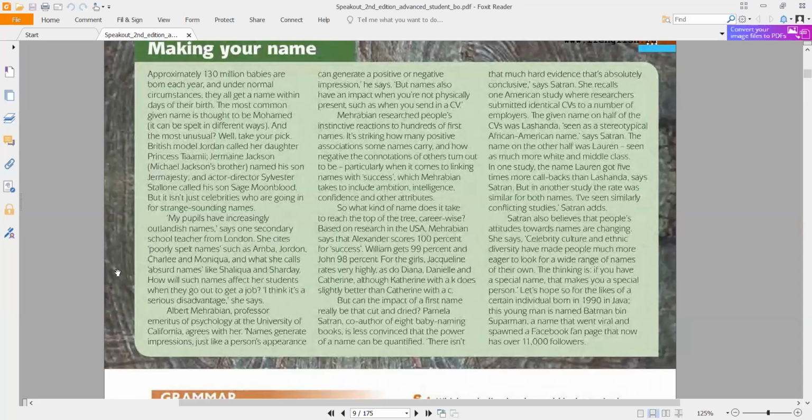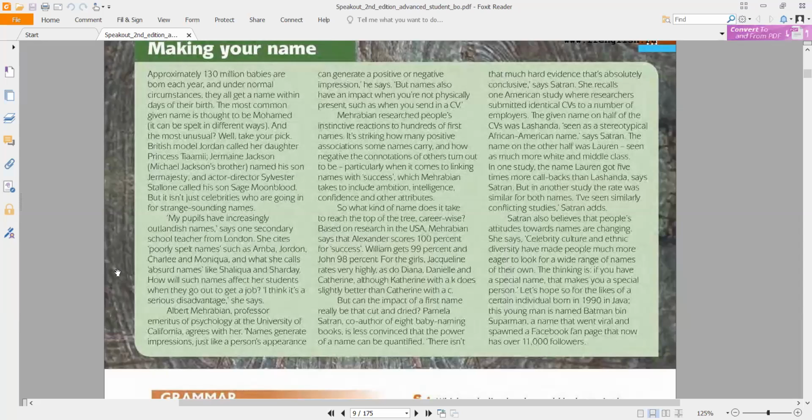How will such names affect her students when they go out to get a job? I think it's a serious disadvantage, she says. I can't disagree more, or I can't agree more.